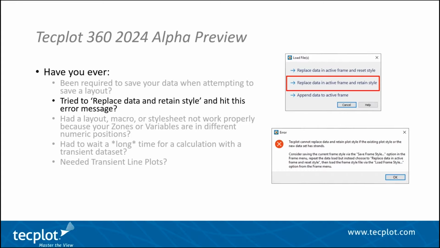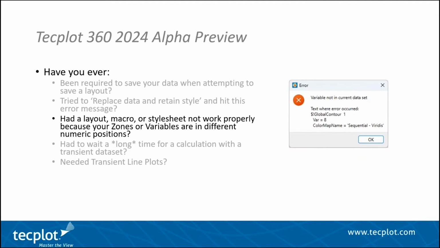If you've ever tried to replace data and retain style, this doesn't work with transient data, and sometimes it doesn't work as well due to the next bullet point that we'll talk about. But again, we're trying to resolve this issue and make Tecplot 360 easier to use, easier to reuse layouts and macros for different data sets.